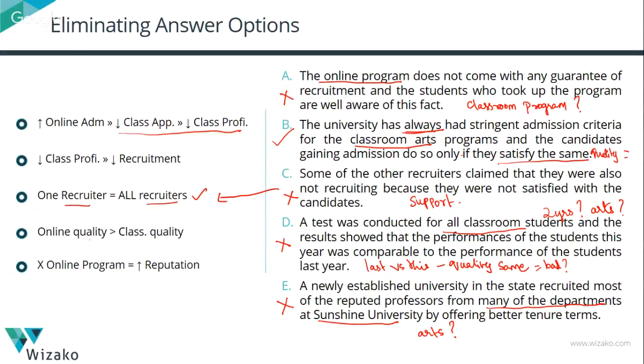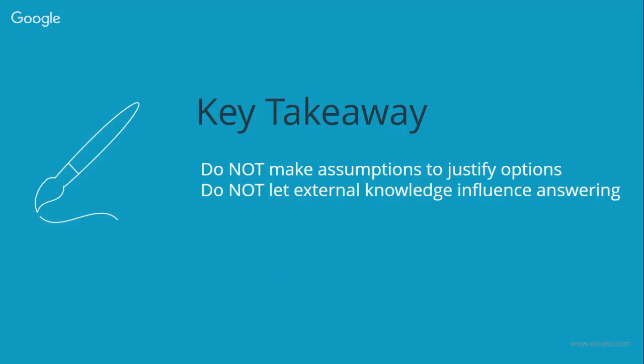and that would be the right answer here. So do this process of elimination by comparing with your reasoning in the argument rather than directly comparing with the argument itself, right? Another thing that you have to keep in mind when you're working on your answer options: don't make any assumptions to justify your answer options.